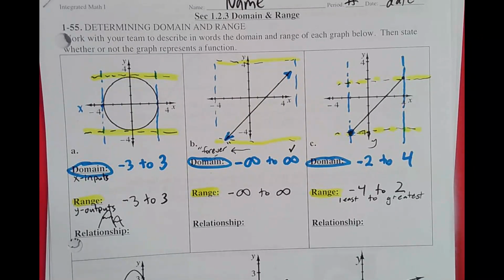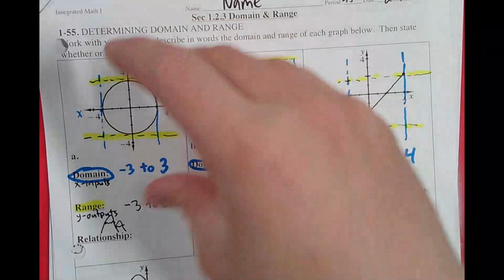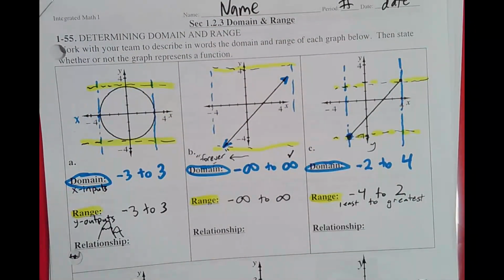Okay, our next one is we're going to go ahead and continue to practice whether a graph describes a function or if it's not a function. How do we determine if a graph is a function or not a function?